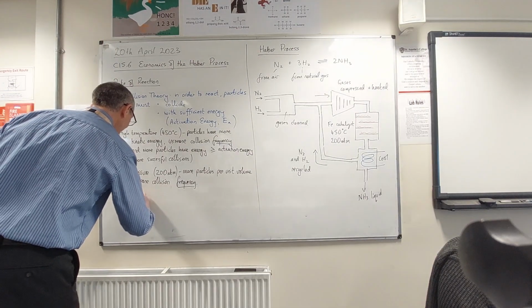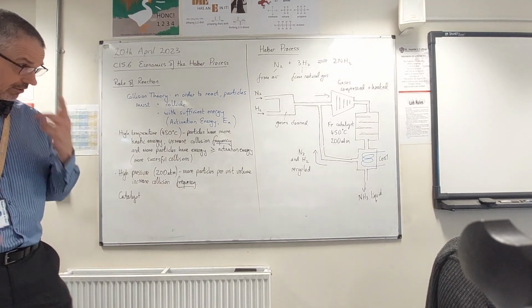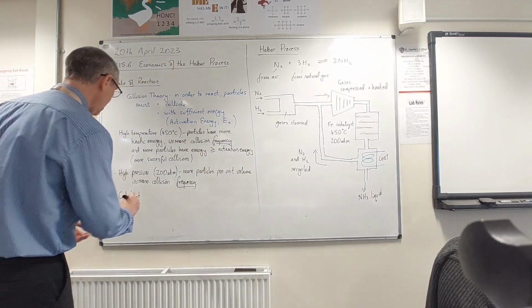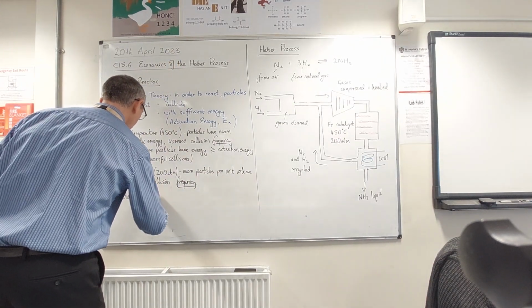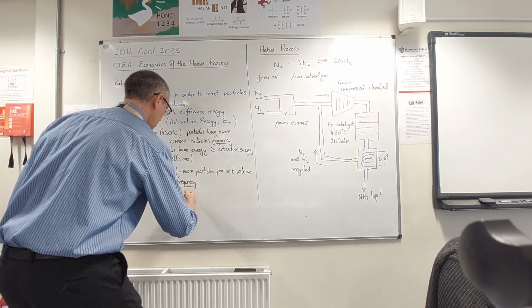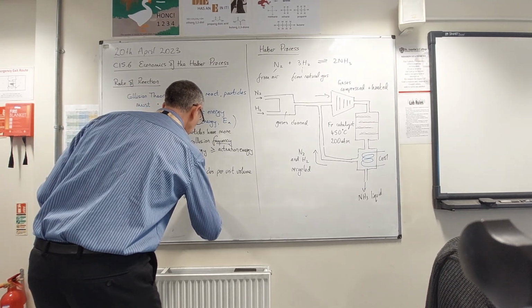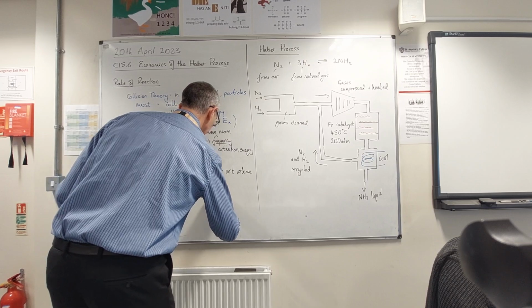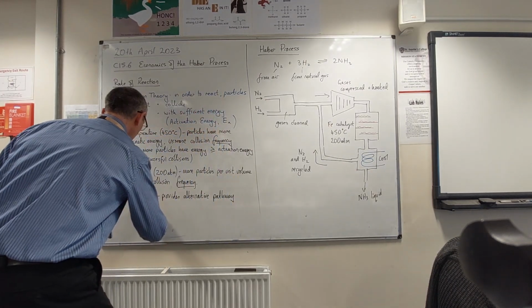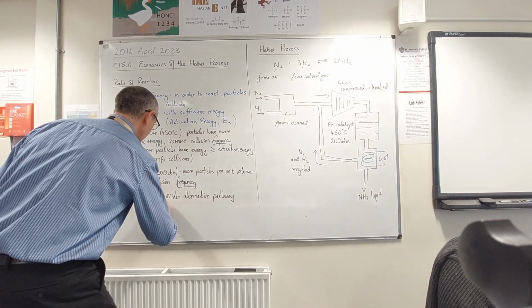And lastly, what about that catalyst? Well, as we know, catalysts provide an alternative pathway for the reaction to take place, or an alternative route with a lower activation energy.